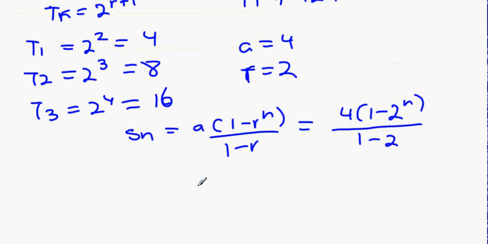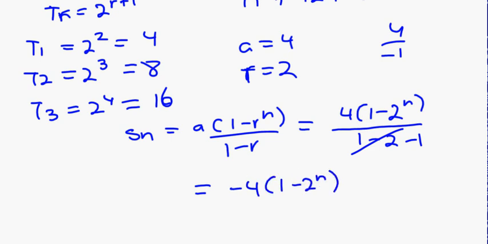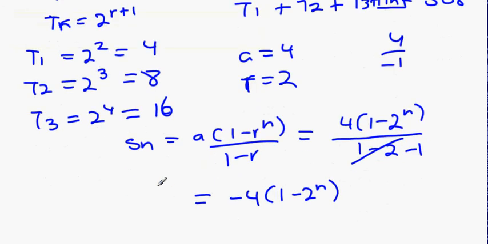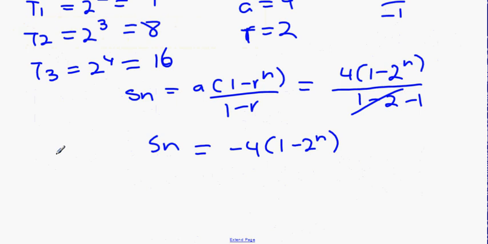So what happens here is we're going to get 4 over minus 1, and 4 divided by minus 1 is minus 4. Minus 4 into 1 minus 2 to the power of n, and this answer for Sn has to be equal to 508.